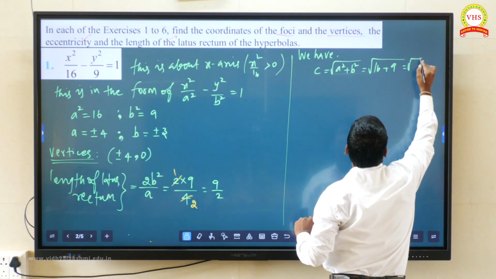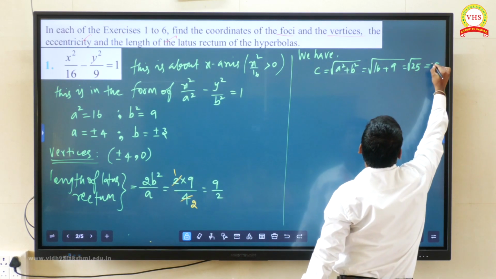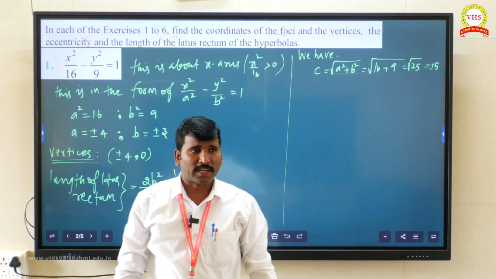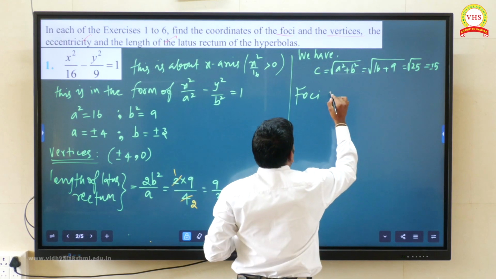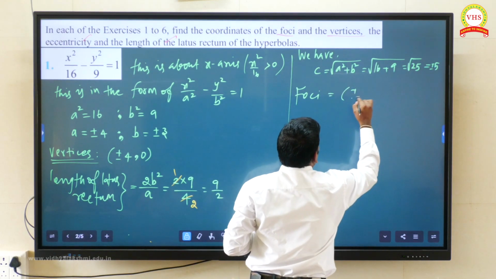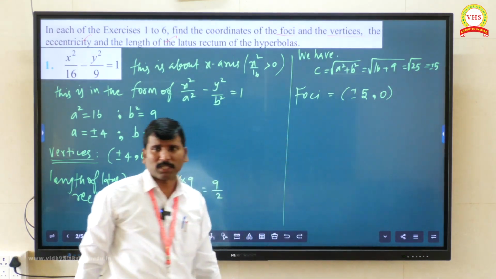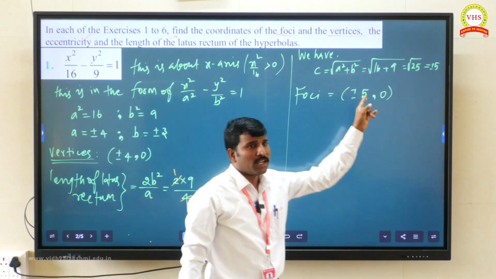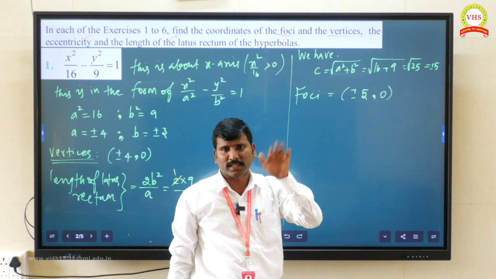When you add both, what am I getting? 25, whose root is 5. You can write plus or minus. Understand? Then the foci, what will you get, children? Foci equal to plus or minus 5 comma 0. We can complete plus or minus 5 comma 0 because it's about the x-axis. X-axis means the value we need to give in the x place, and y will be 0, because for any point on the x-axis, y is 0.